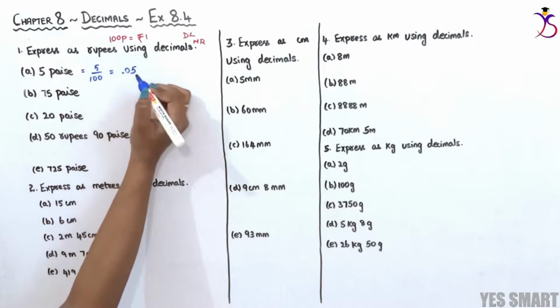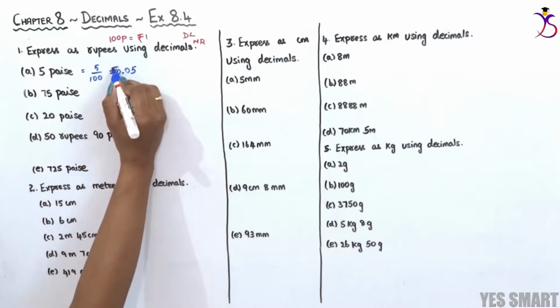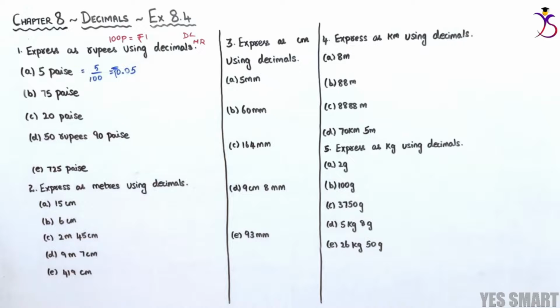We are supposed to add zeros in between. From the right hand side of 5, we move 2 digits to the left. The first digit is 5. The second digit, we don't find anything, so 0 is present there. Before 0 we have kept the dot. And as a whole number we don't find any value, so again it is a 0.